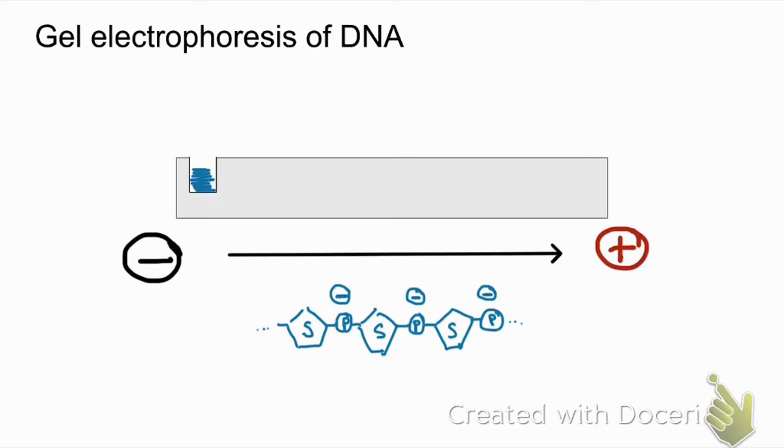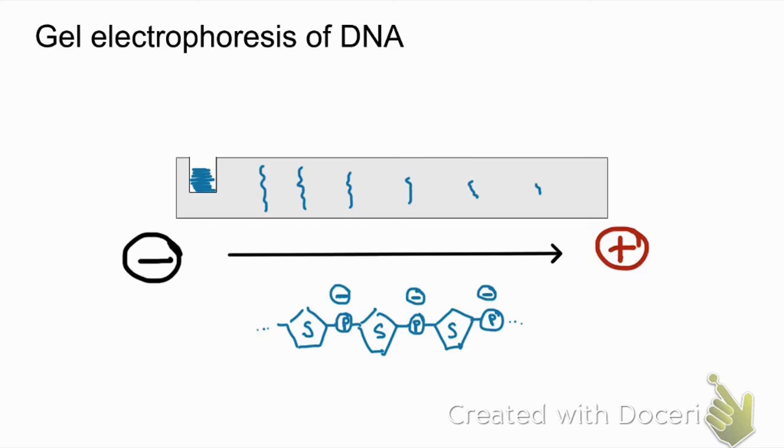Now, the agarose gel is kind of a meshwork of gelatin, and so molecules are going to migrate or move through this gel depending on their size. Fragments will begin to move all together, but what we find is that as we allow for separation, fragments that are smaller are going to migrate through this gel faster than fragments that are large.